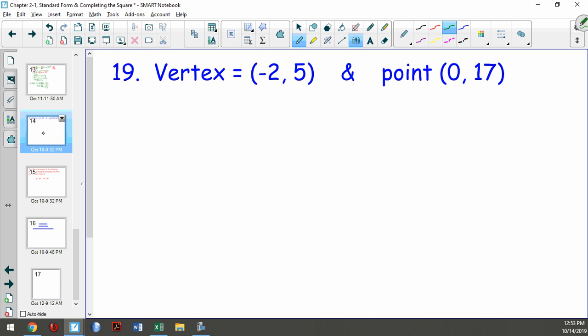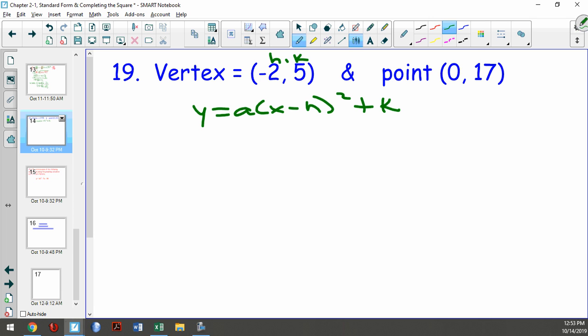So number 19, the vertex is negative 2, 5, and the point is 0, 17. This is not exactly number 19, but it's darn close to it. I changed the problem. Okay? Now, what you're going to do is you're simply going to write down your standard formula. And whenever I say vertex, that's HK.